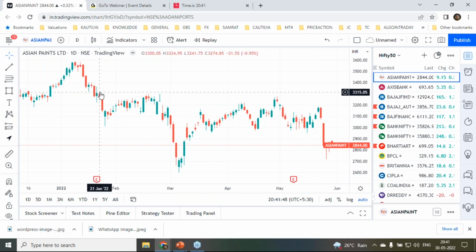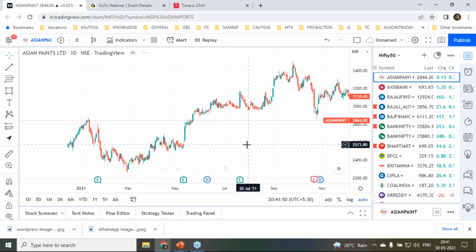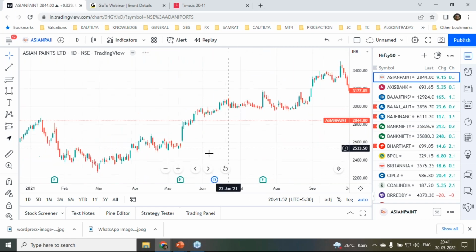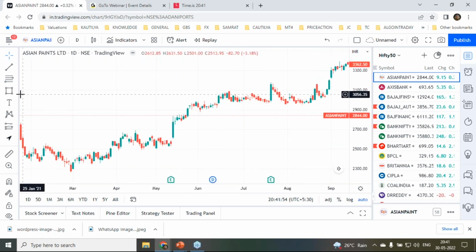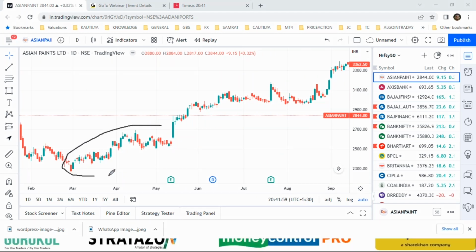Now look at this. Do you guys agree this is compression? This one, this is compression. This is compression. Do you agree they are compression? Right?